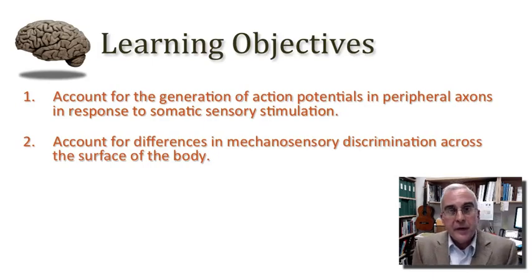I want you to be able to account for differences in mechanosensory discrimination across the surface of the body. Again, we're going to take somatic sensation as our model paradigm, but the basic principles will apply to our other sensory systems as well.